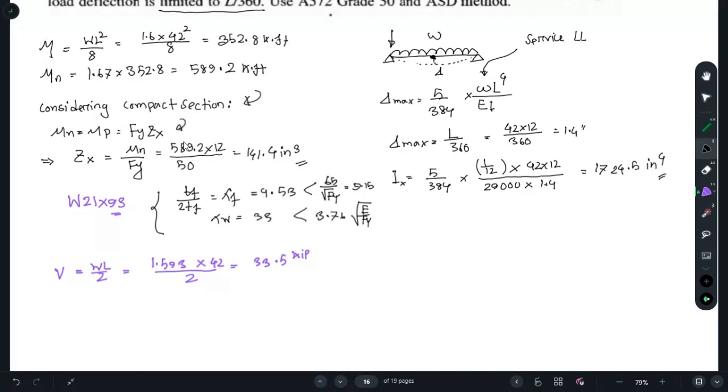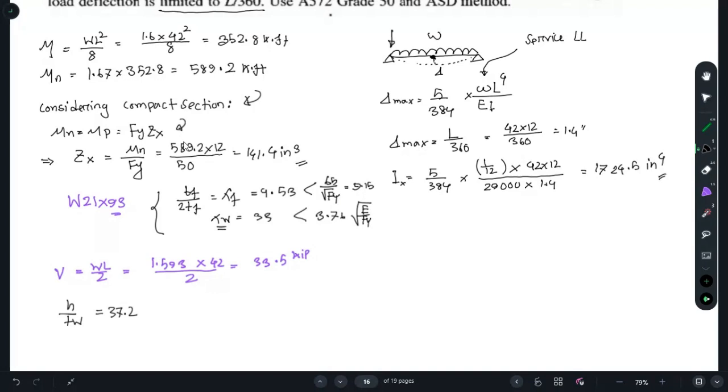We need to see if the section is okay for shear or not. We have to check our h over tw value, which was 37.2. I don't know whether I wrote it correctly or not, but the value was actually 37.2.